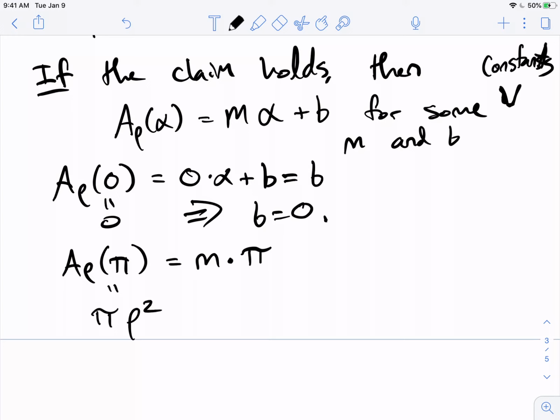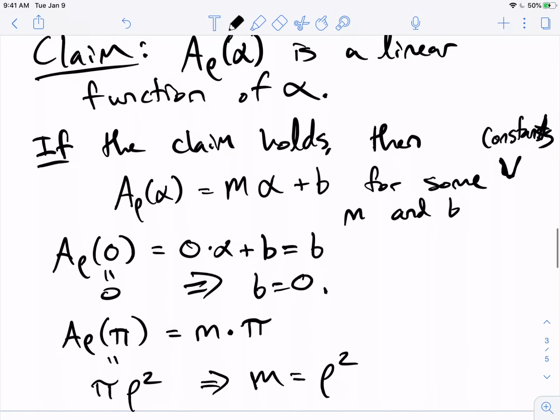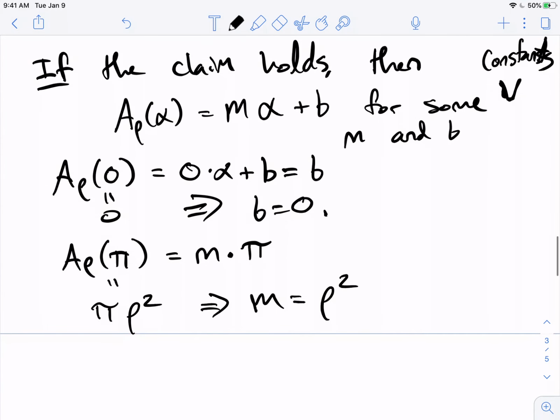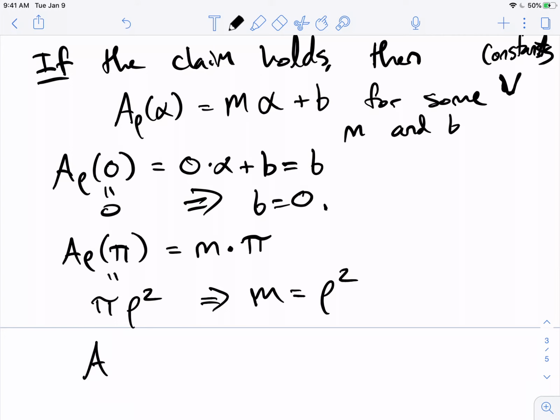And so m is equal to just rho squared. So once we have this claim proven, then that gives us that A rho of alpha is equal just to rho squared alpha. But let me write it in a better way.